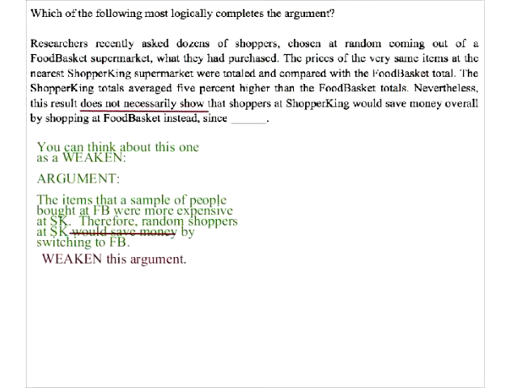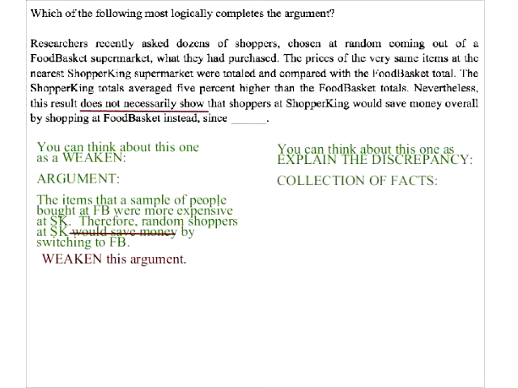Or you can think about it as an explain the discrepancy situation. Just think of it as a non-argument, as a collection of facts. The items that a sample of people bought at Food Basket were more expensive at Shopper King.